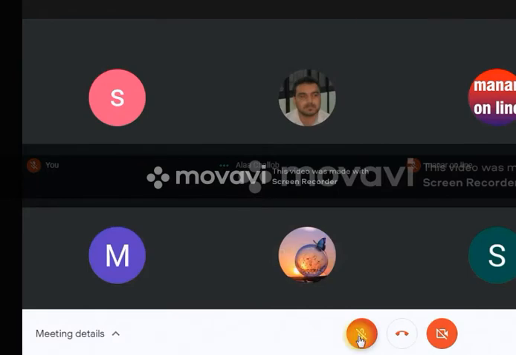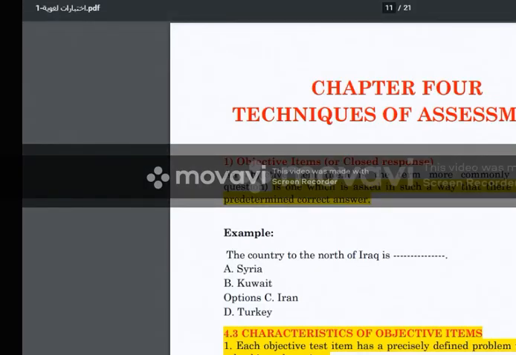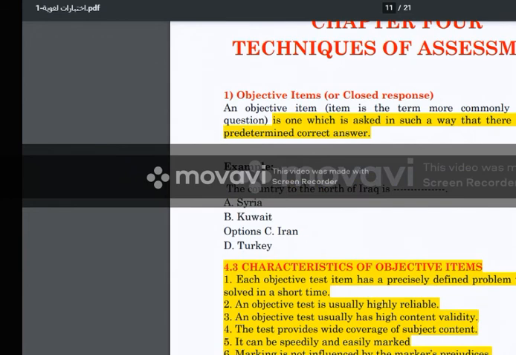Turkey. Okay. So if the student selected A, Syria, it is false. B, false. C, false. D is the only closed response, correct answer.